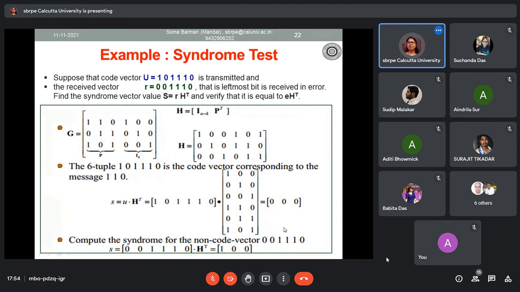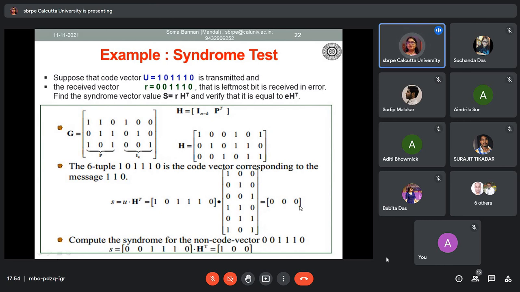Previously it was 0 0 0, which means at the transmitter, if checked, there is no error, but after transmission, when the receiver checks, the receiver finds that the syndrome is non-zero. So that means some error has occurred.